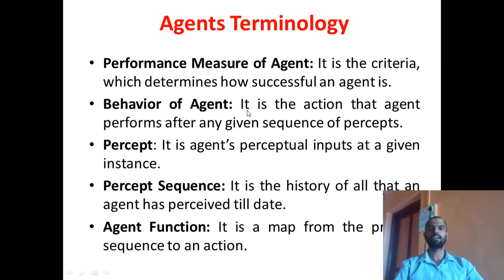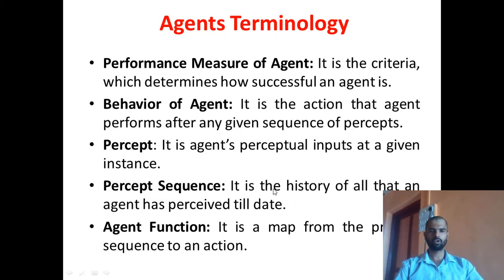Then behavior of agent, means how the agent is behaving in the particular environment, performing after any given sequence of percepts. Then percept, it is the agent's perceptual input at a given instance. Next is percept sequence, that is the history of all that an agent has perceived to date.